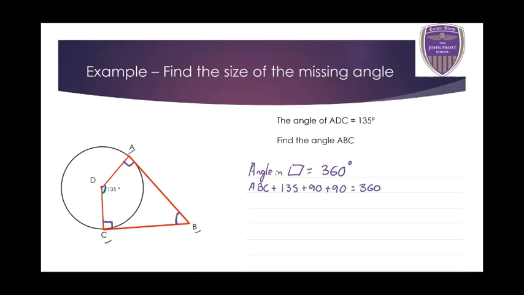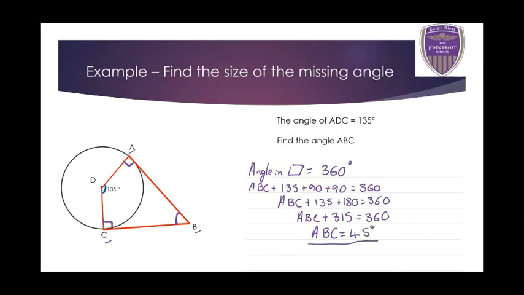If you add those up, ABC plus 315 equals 360. Therefore, ABC has to equal 45 degrees.